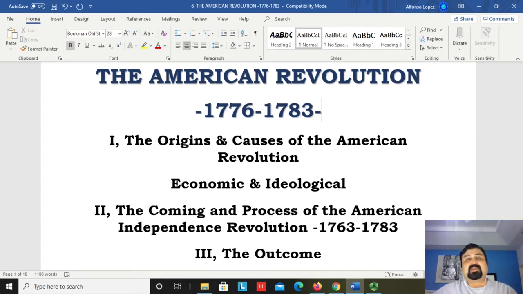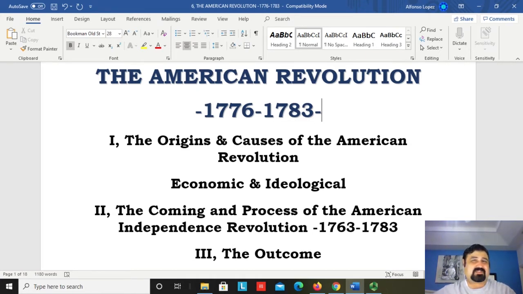But also, besides the economic factors, we're also going to examine ideological factors as well. Those are the ideas of the revolution, that is to say. So in this first part, we're also going to pay attention to the role of new political ideas that were written, particularly by Europeans.